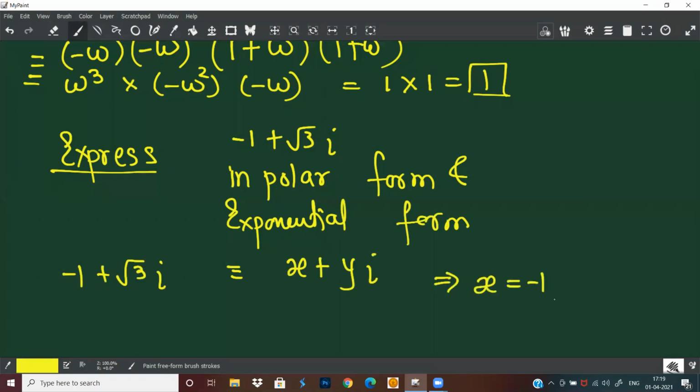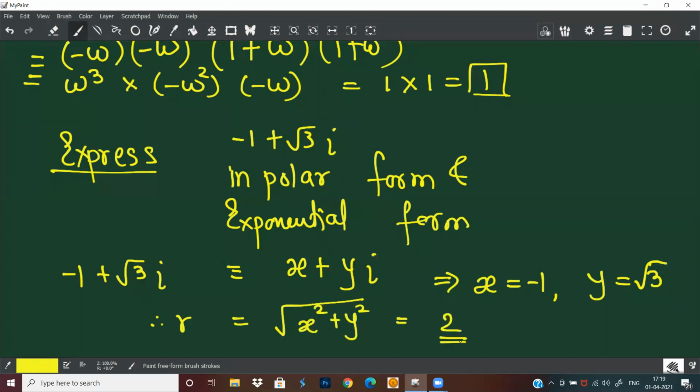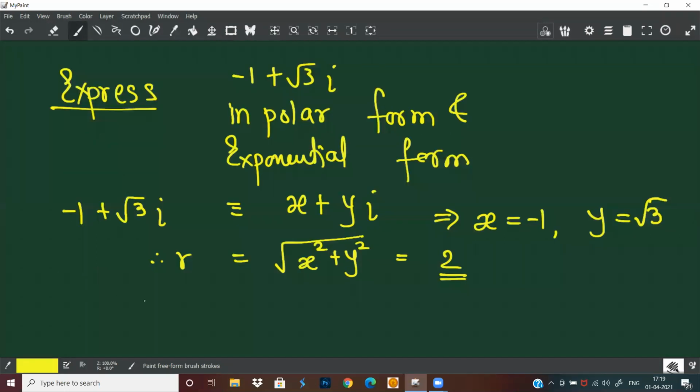That gives you the value of x as -1, y as √3. So first we find r, square root of x square plus y square. So it is 2. Then we find cos theta, we find sin theta.